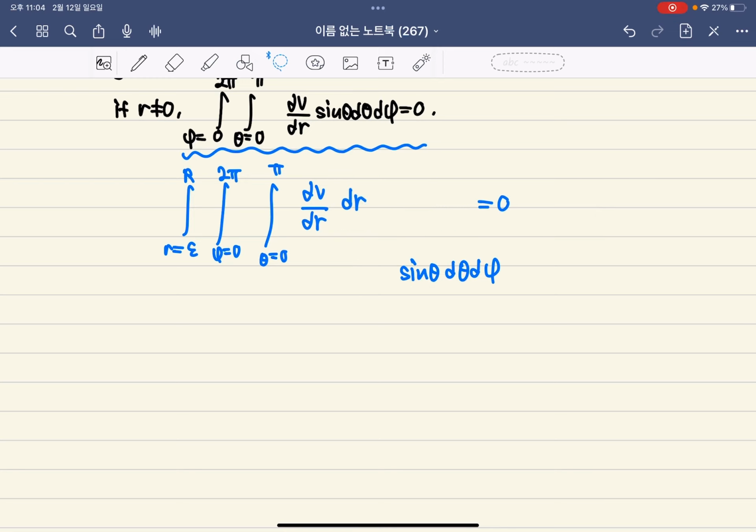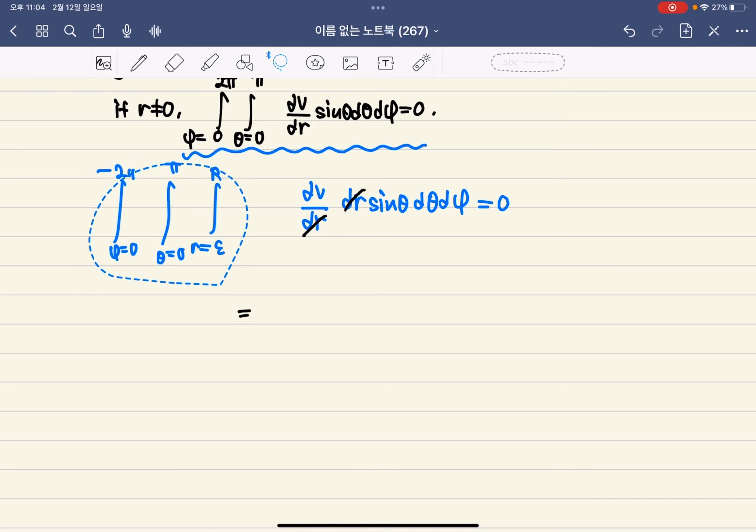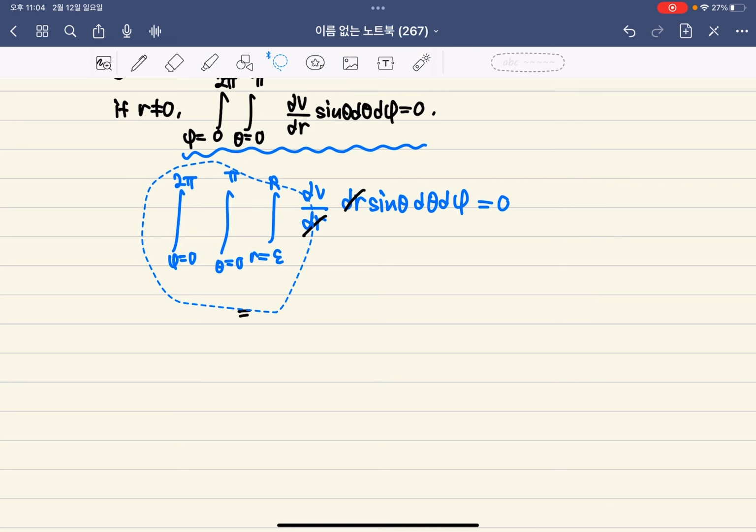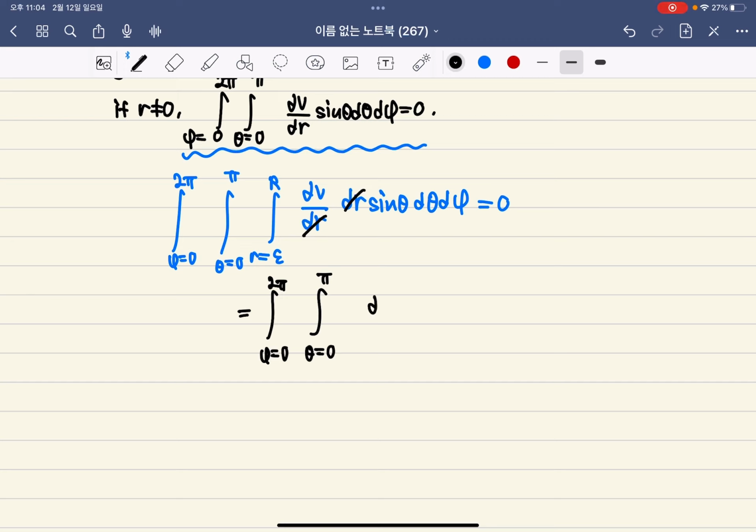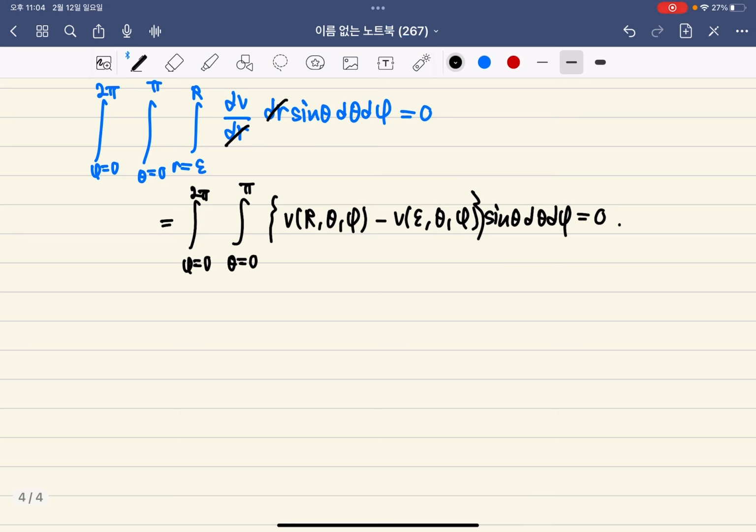So if we choose this form, this is the same equation as the following equation. So we separate the equation.